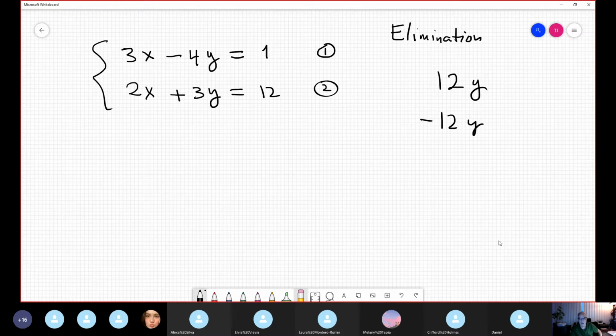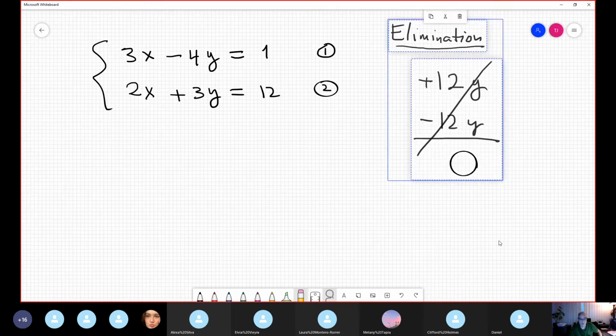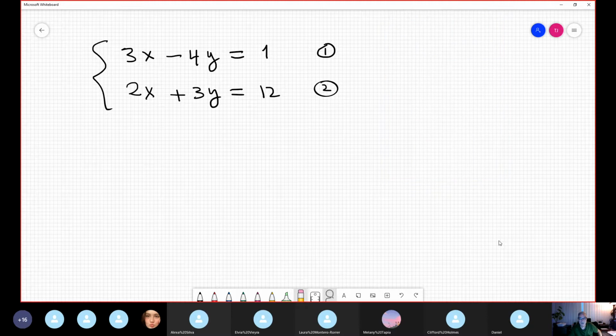I do something using my imagination in order to get exactly the same number and opposite sign, positive 12 and -12. And when you add in this column, the answer is 0. And this is elimination. For example, in this example, I do it in a different way, using common sense and imagination.